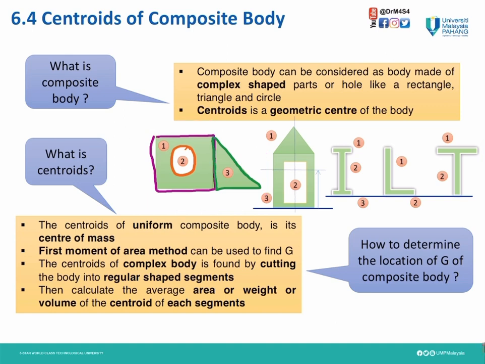For the second body, the first one is a triangle, the second one is a hollow rectangle, and the third one is the bigger rectangle. For the next section, the first one is this rectangle, the second one is this rectangle, and the third one is this rectangle. Also, here we mention how we are going to determine the location of G for the composite body.